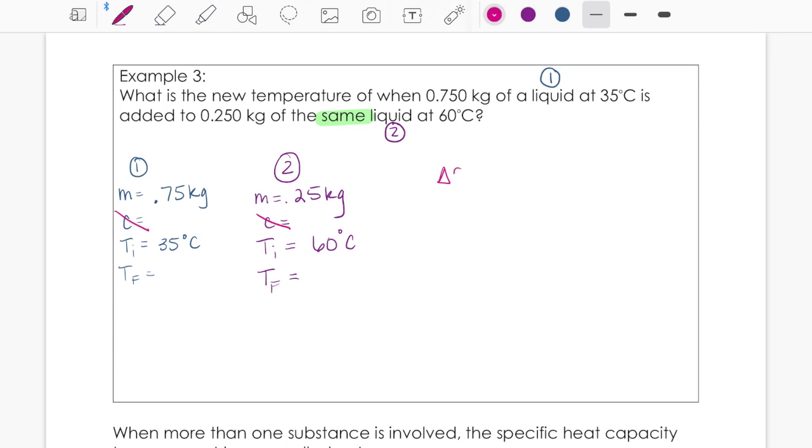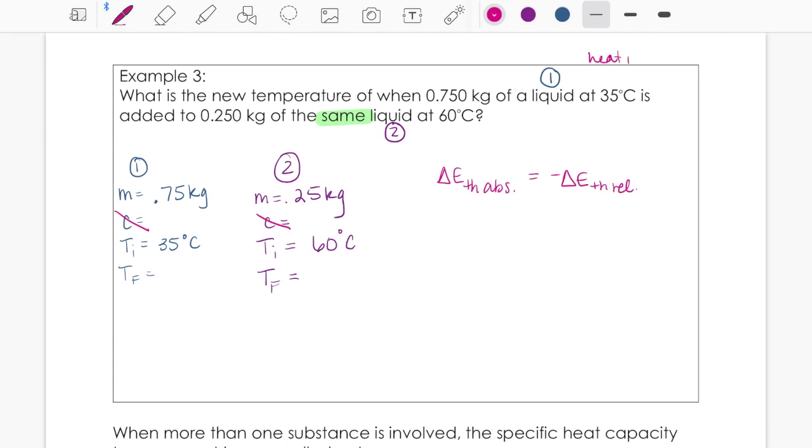Okay, the next step is I do need to figure out which one is going to be my absorbed and which one is releasing the energy. Okay, so if I have a liquid that's 35 degrees and I have a liquid that's 60 degrees and I put them together, I expect that the temperature that it's going to equal out to, or come to equilibrium, is going to be between 35 and 60.